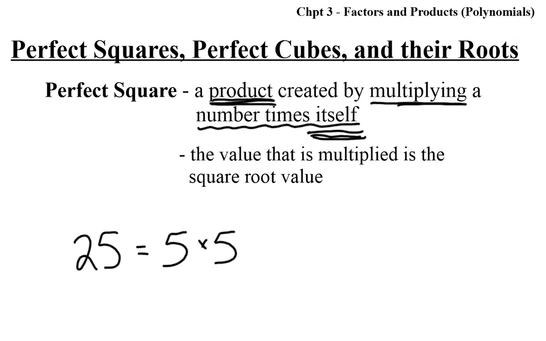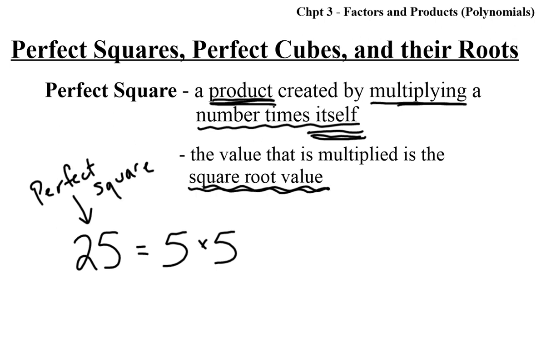Now, what you have to be careful of is terminology. 25 is the perfect square, but the close terminology is the square root value. 5 is the square root value of the perfect square. So, common sounding terms, but very different.